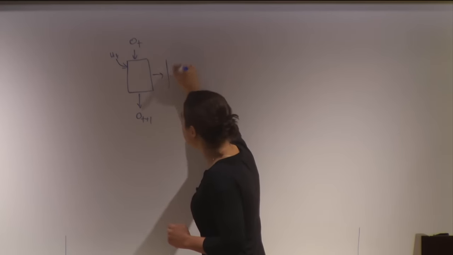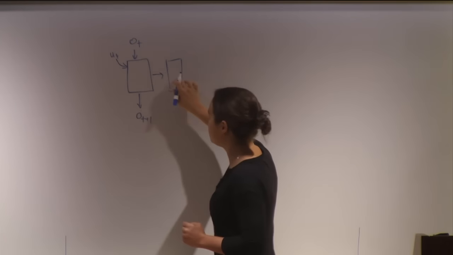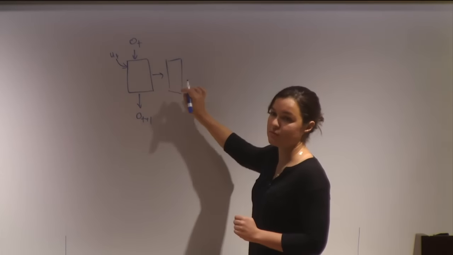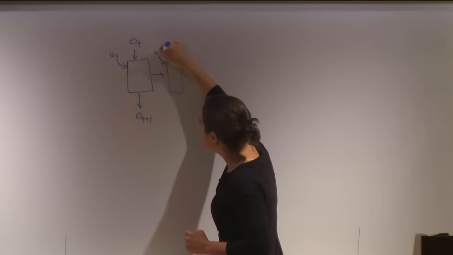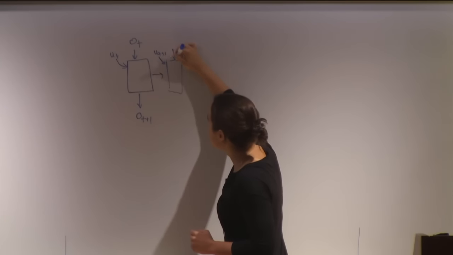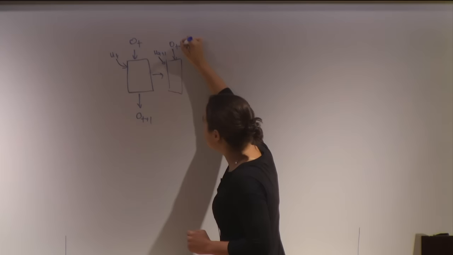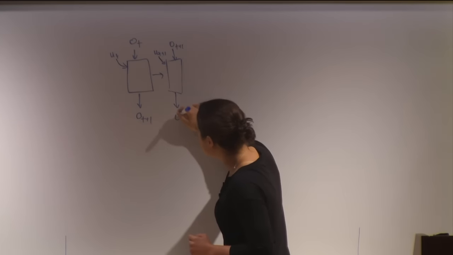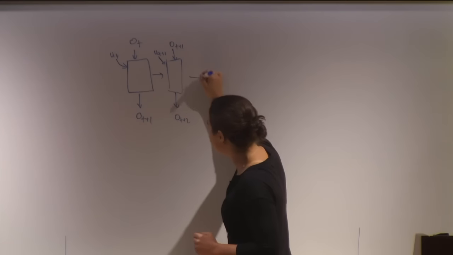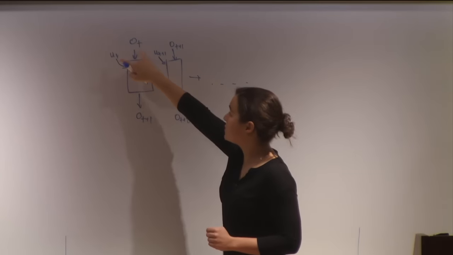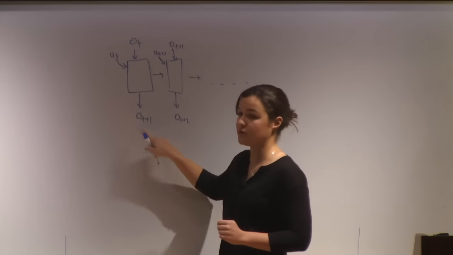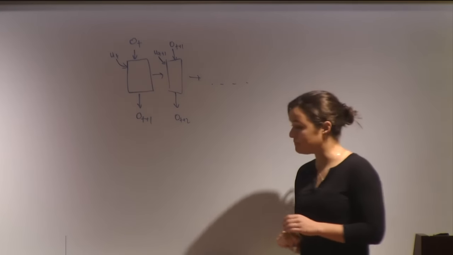At the next step, this is for the recurrent network, I'm going to have an arrow between these representing the hidden state. You're going to pass in UT plus 1 and OT plus 1 to get OT plus 2, and so on. So this is mapping from your current observation and your current action to your next frame, and each block is doing that.